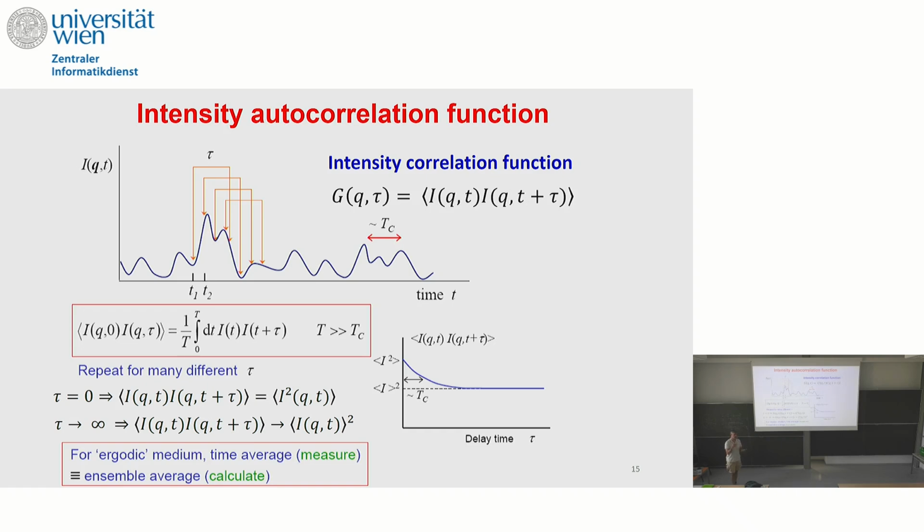But if you go to gels, glasses, concentrated suspensions, this relaxation time can be 1 day. And so then 1,000 days, it's too much. So we really have an issue about this time average when we are dealing with systems that are gel-like, glassy-like, and so forth. But I will show you that there are tricks to address that.